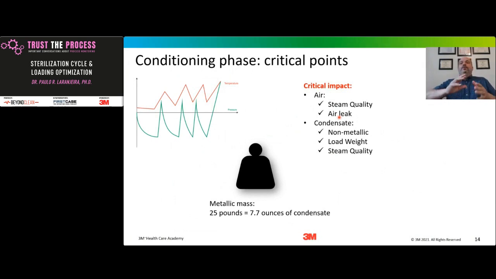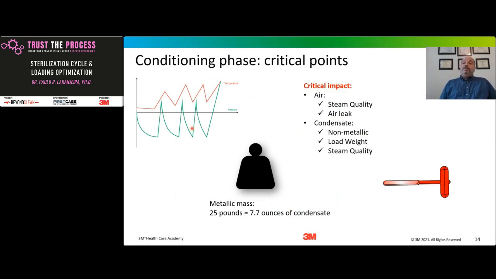So if you maintain the weight around 25 pounds, you're going to be not only looking to your occupational hazards, but also you're going to improve the sterilization cycle. And for 25 pounds, I create 7.7 ounces of condensate. So that condensate, I need to remove during the conditioning phase.